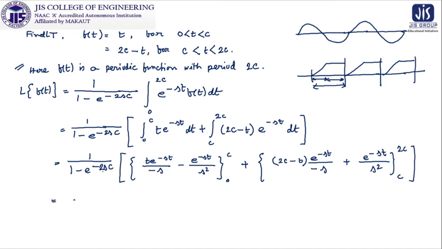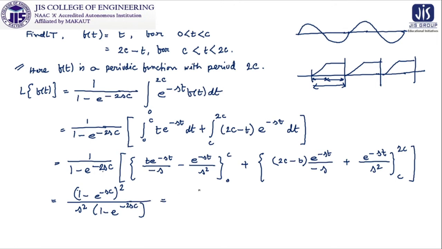After putting the lower limit and the upper limit and simplifying, we are going to get the result as 1 minus e to the power minus sc whole square by s square into 1 minus e to the power minus 2sc.